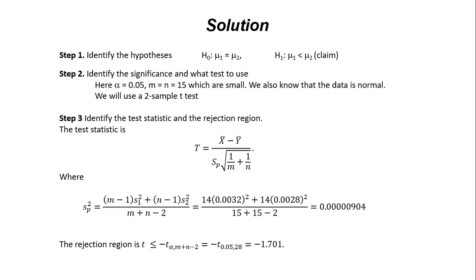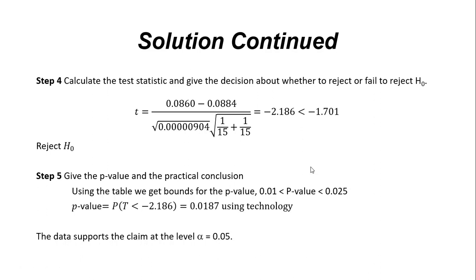So the idea is when we calculate the test statistic, if our answer is less than minus 1.701, then we will reject the null hypothesis. Okay, so continuing, we calculate the test statistic and we work this out.